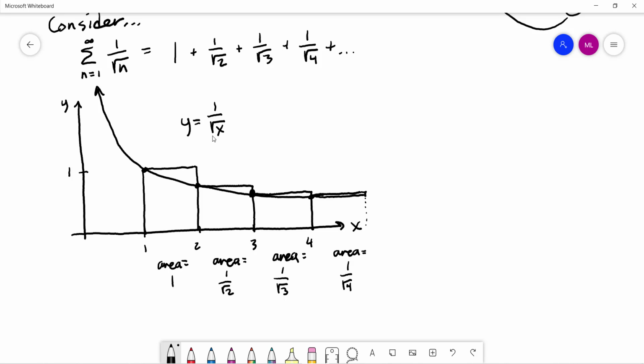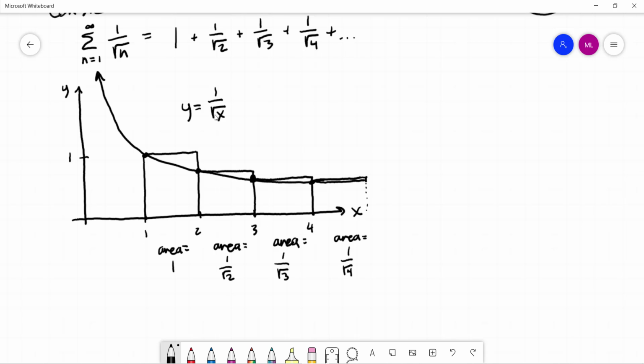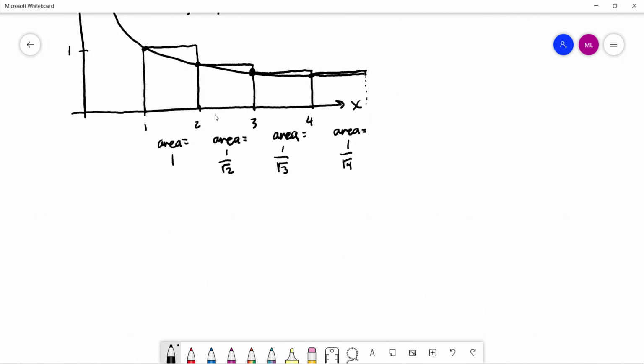So in this case, our sum, we're going to compare it again to the integral from 1 to infinity of this function. I know that the rectangles have a larger area than the integral of the curve, starting at 1.